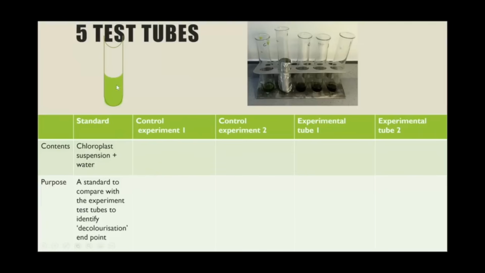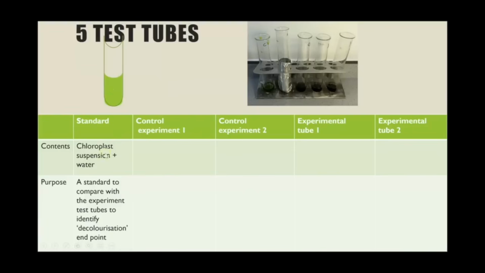And the purpose of this test tube is I'm going to be looking at these final 2 to decide when the DCPIP turns colourless. However, it's not actually going to be a colourless solution in my test tube because there will be DCPIP and chloroplast. So when the DCPIP goes colourless, what I'll actually be left with is just the green colour of chloroplasts.